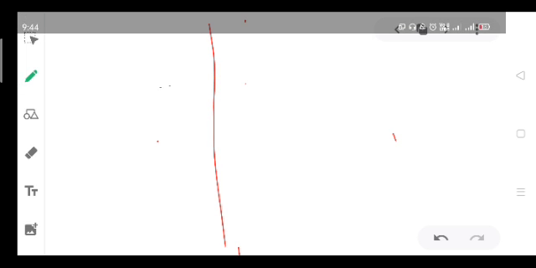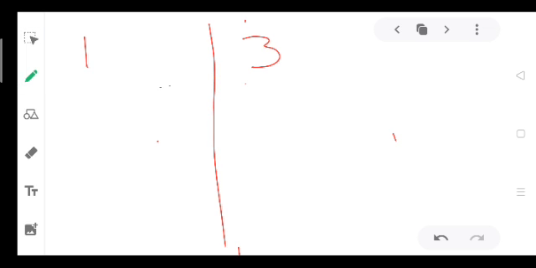So first of all, you have seen that up to 3 we have used 3 times I. For 4 we have no single symbol in Roman numerals and we can't use 4 times I. Then what will we use? We will write firstly 5.